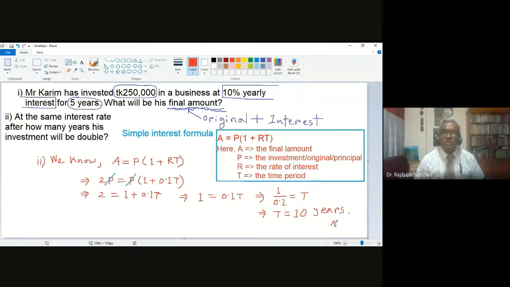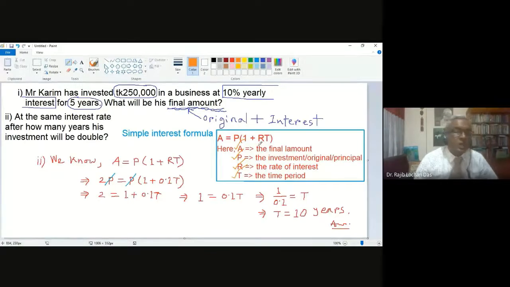Okay, that is all. So in this pattern, I can make many questions. If you know other things, you can find out the specific one. You check out what are the things involved in the question. One is A, one is P, one is R, one is T. If you know any 3 items, another item you can find out by using the formula.